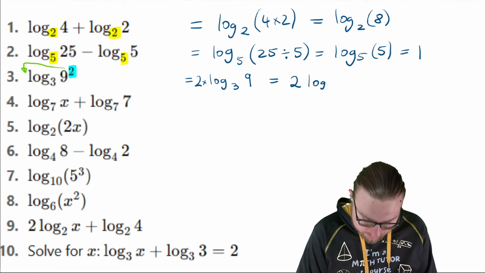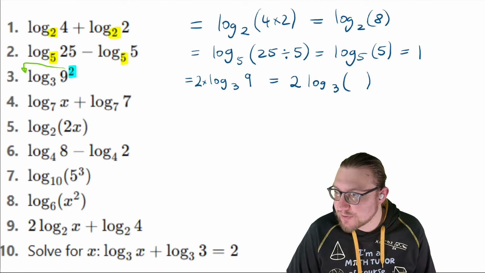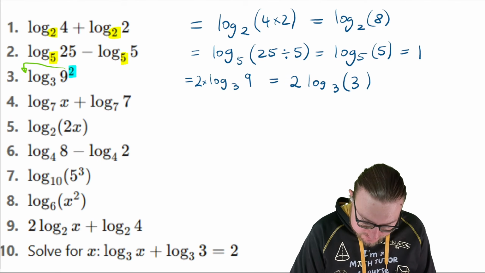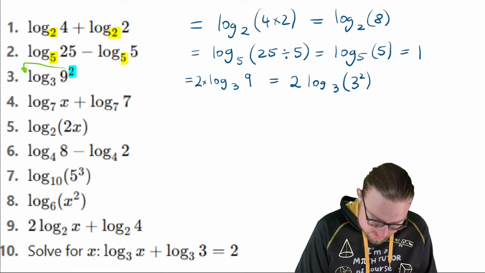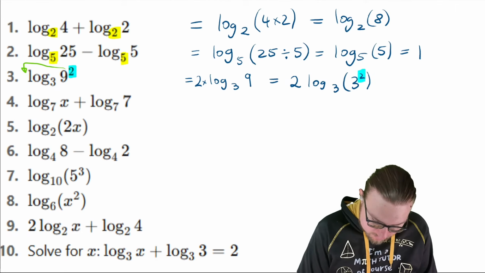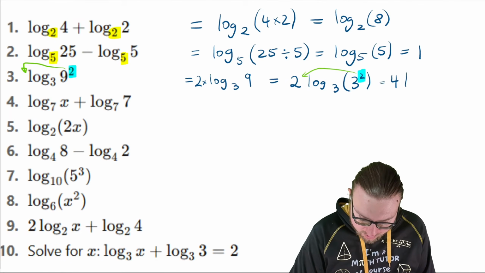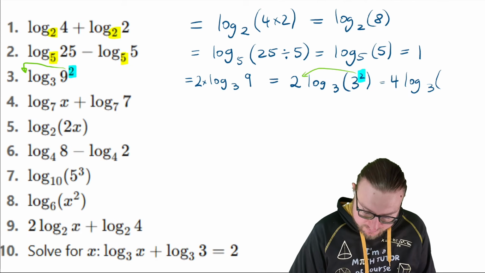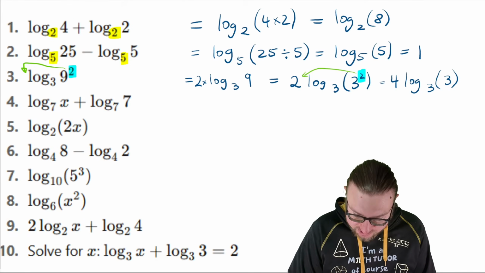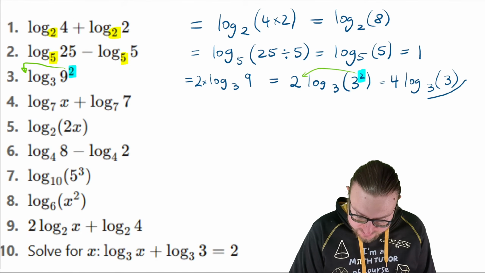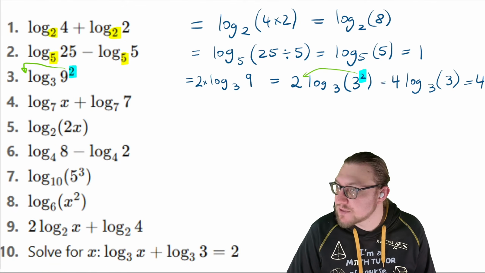Now 9 is a square number, so we can write this as 3 squared. So if we have 3 squared, again, what happens to a power here? A power would move to the front. So we're going to get 4 log base 3 of 3. And what is log base 3 of 3? You should know that by now, it is 1. This whole thing here is 1, which makes the last part 4 times 1, which is 4.